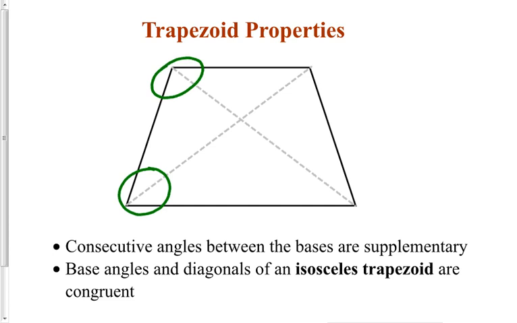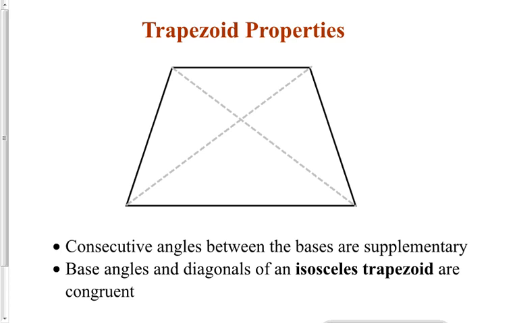Those are consecutive angles between our two bases, right? Remember, the bases are the parallel sides. And then we also have the second pair of consecutive angles between the bases, which are here and here. And what we now know is those pairs of angles are supplementary to one another, meaning they add up to 180 degrees.